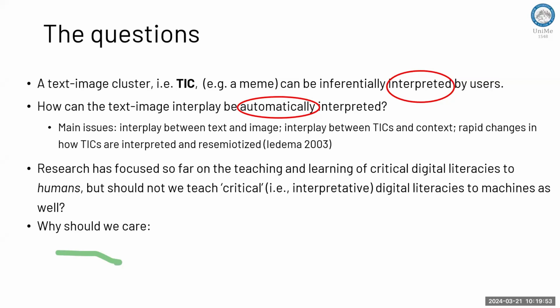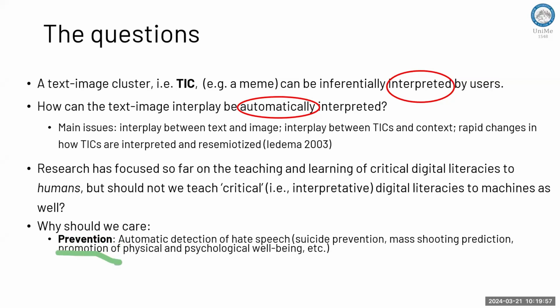So you may wonder now why we should care about prevention. Automatic detection of hate speech is very important for a number of reasons. If you think of suicide prevention, mass shooting prediction, and more generally, the promotion of physical and psychological well-being of people.